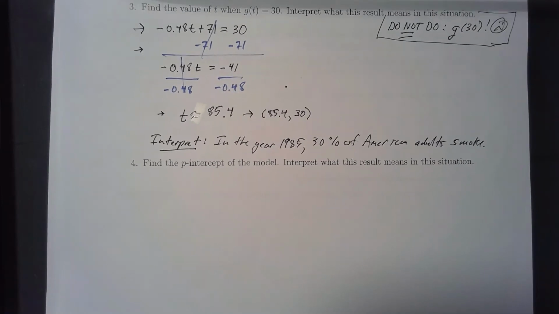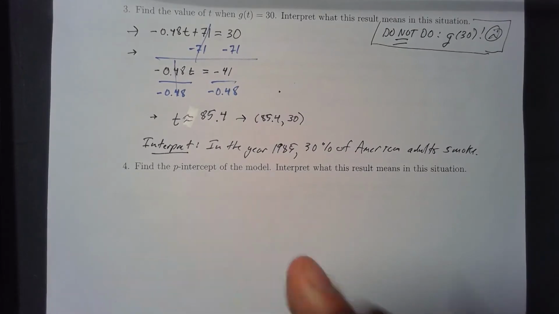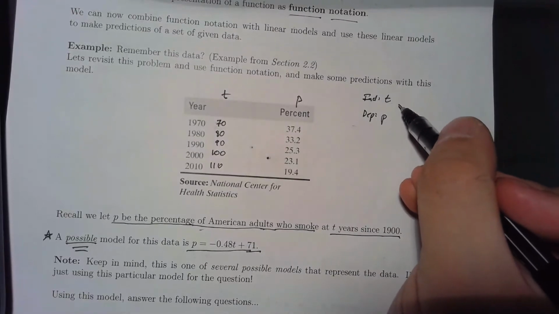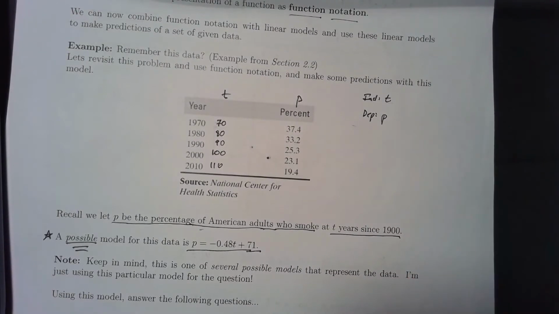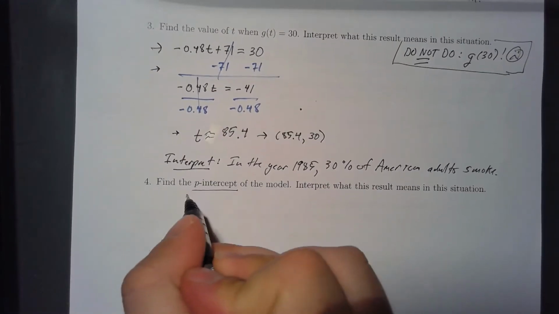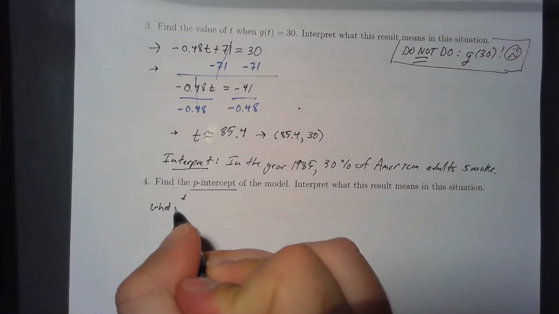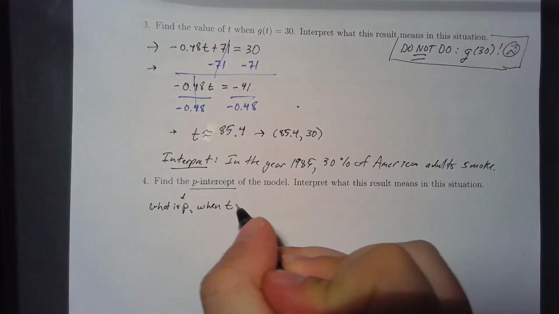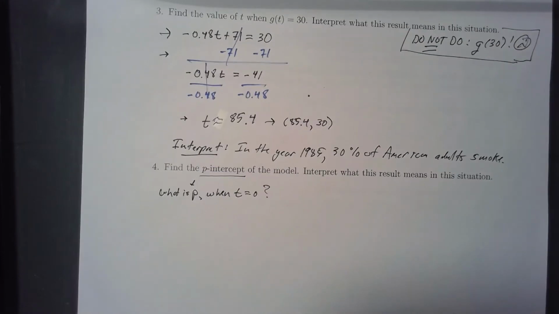Find the p-intercept of this model. Interpret what this means in this situation. So again, the p-intercept is the value of p when the other variable is equal to 0. What is p when t equals 0?